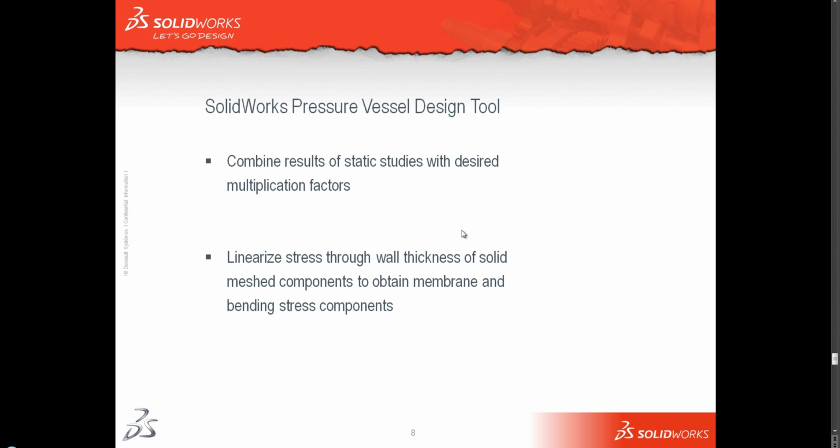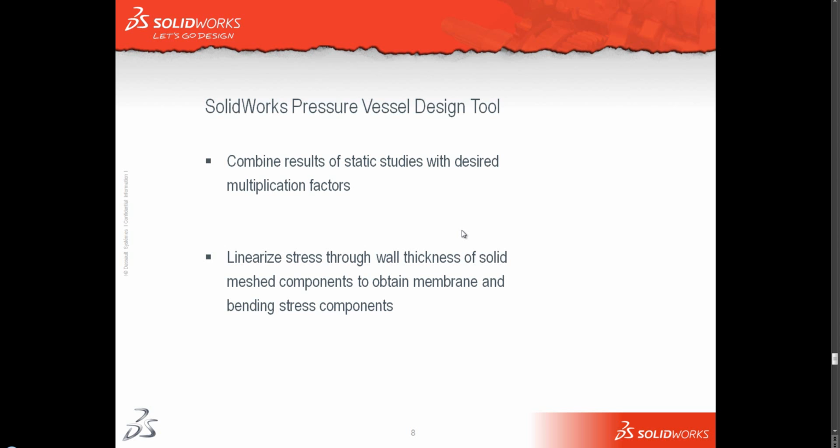Also, what the pressure vessel design tool allows us to do is linearize our stress results through the wall's thickness of solid meshed components. So you'll see in a moment that we've used shell meshes for the majority of our model. Now, that's easy to gather our membrane and bending stress components. We will come back to this in a moment, but it's not so easy with solid meshes.